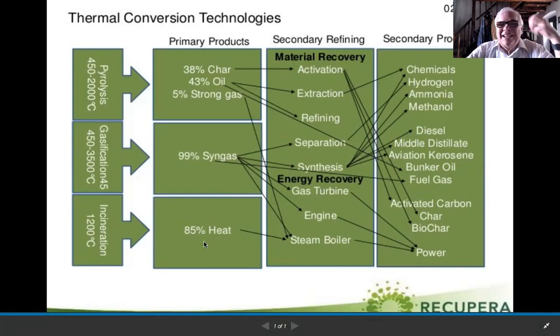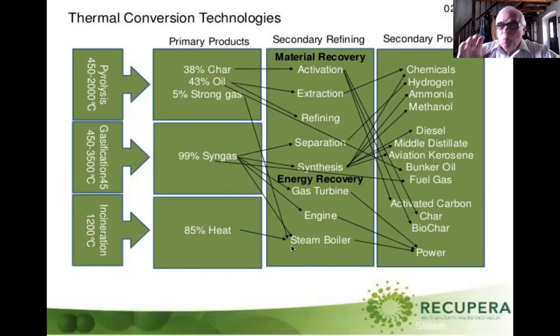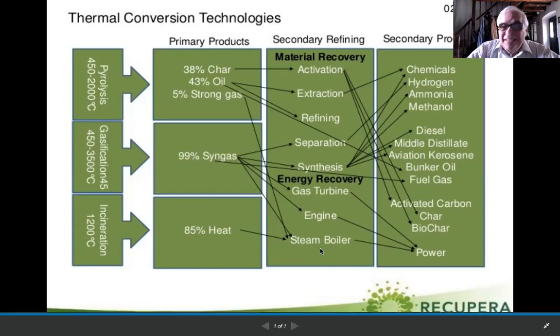It is incineration. When you incinerate the material, you get a lot of CO2, you get water vapor, and you get a lot of heat. So you convert this in 85% heat. This is very exothermic. You have a lot of heat. As you know, incineration produces lots of heat.